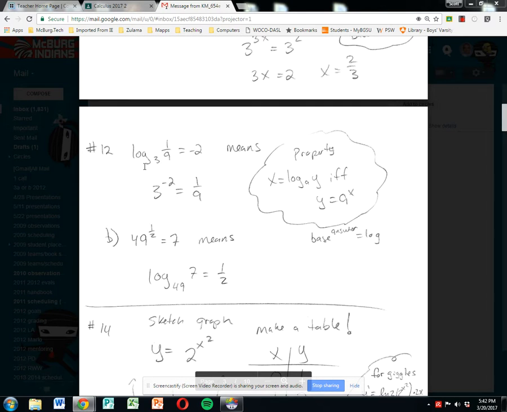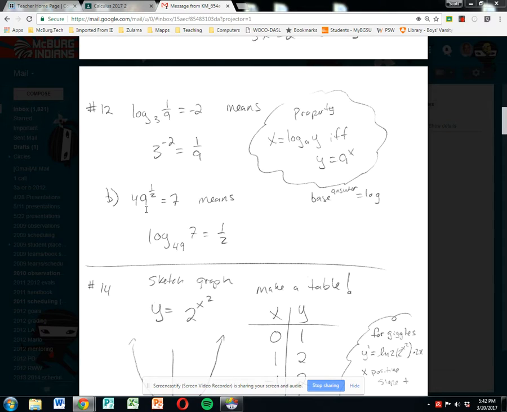Same thing over here. Log base 3 of 1/9 is equal to -2. What does it mean? Again, base to the answer is equal to the log number. 3 to the -2 is equal to 1/9. If you need to solve this anyway, put the 9 into base 3 and you'll roll from there. 49 to the 1/2 power is equal to 7. What does that mean?